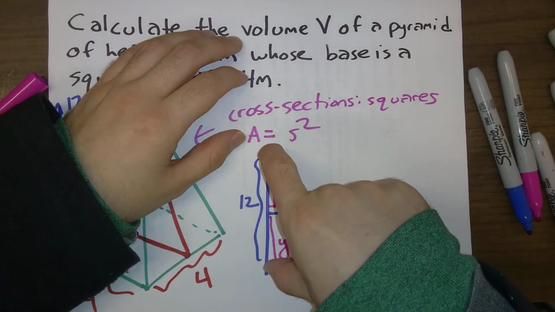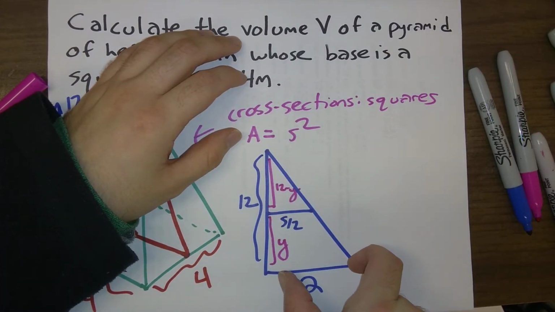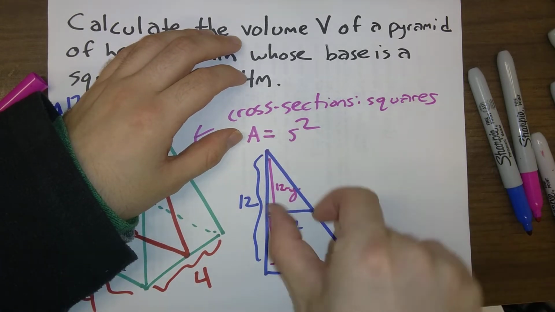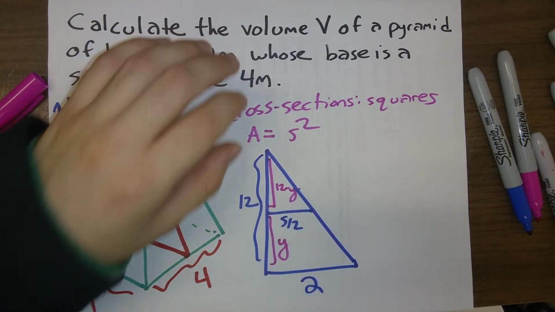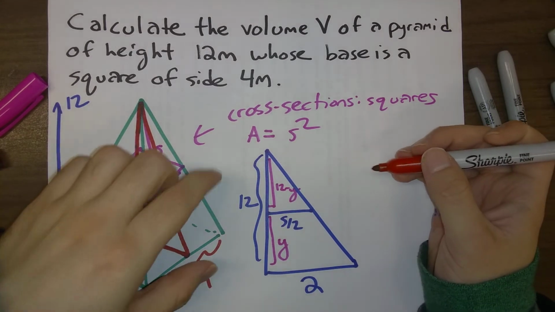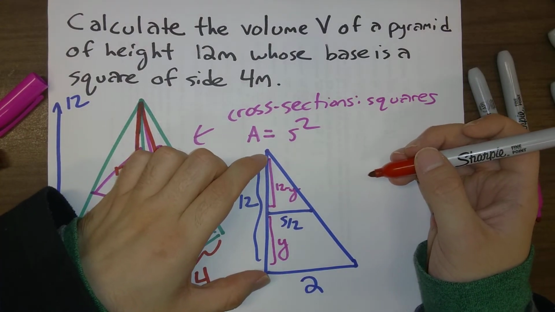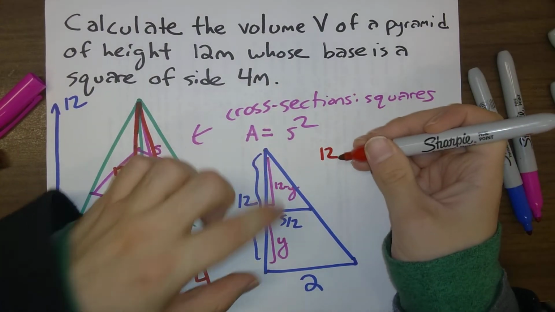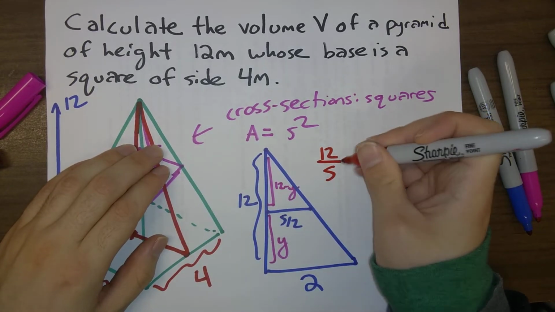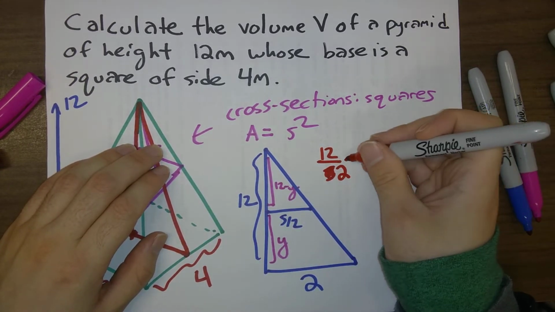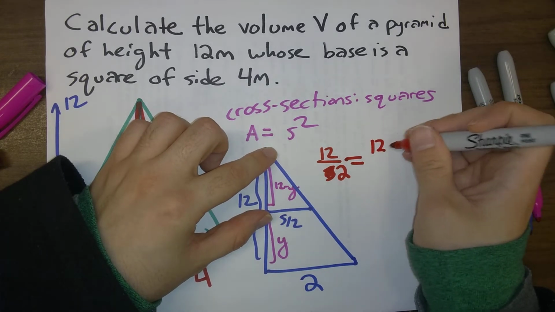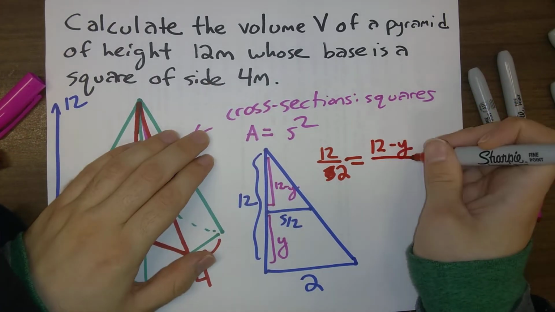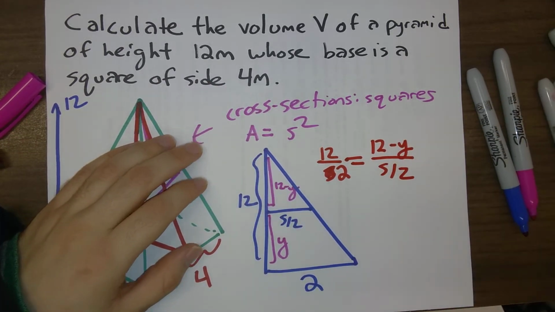So this side is to this side, looking at the big triangle here, as this side is to this side, looking at that smaller triangle. Writing that down in terms of equations, 12 divided by 2 is equal to 12 minus y over S over 2.